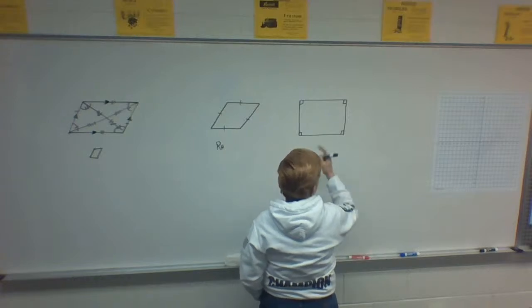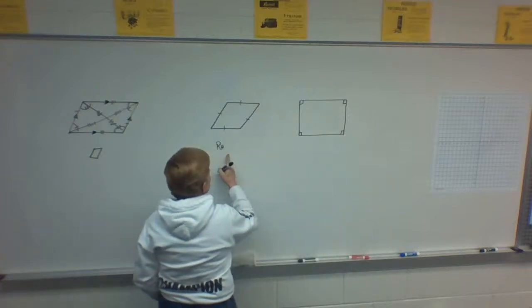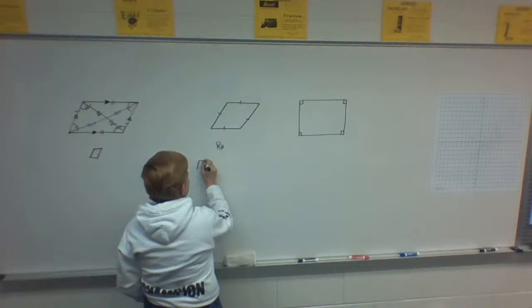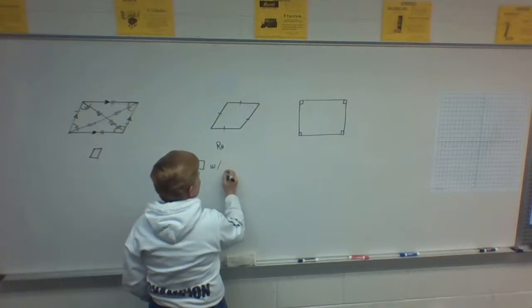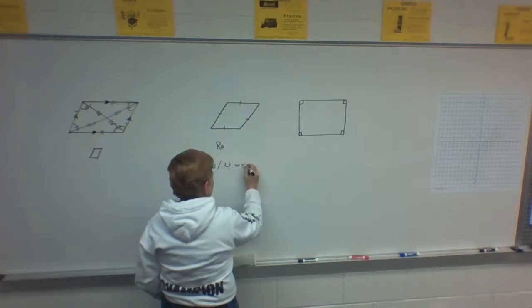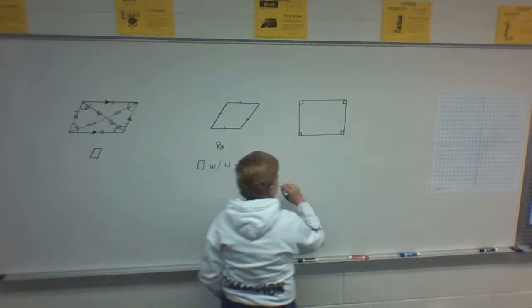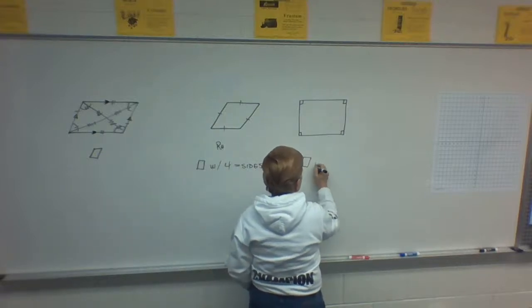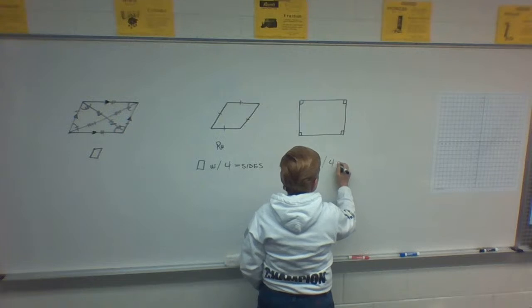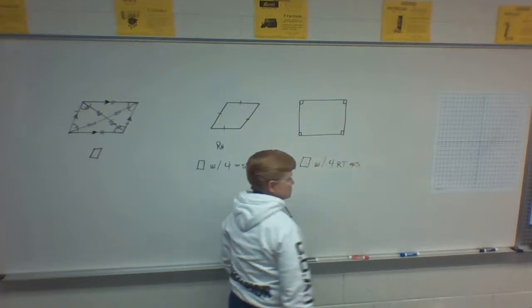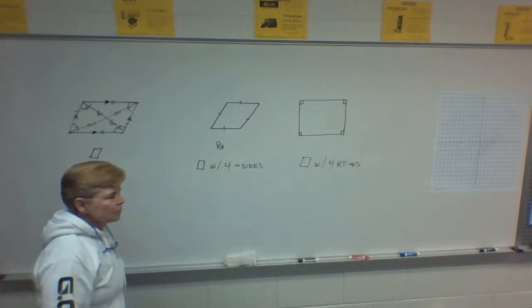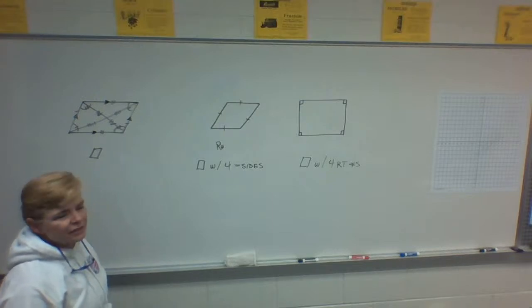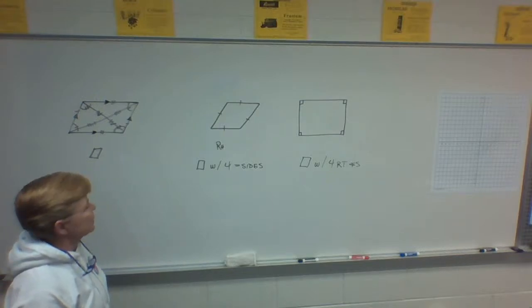It's a parallelogram with four right angles. The rhombus could be defined as a parallelogram with four equal sides. The rectangle could be described as a parallelogram with four right angles. You add those additional properties and you get some amazing things.